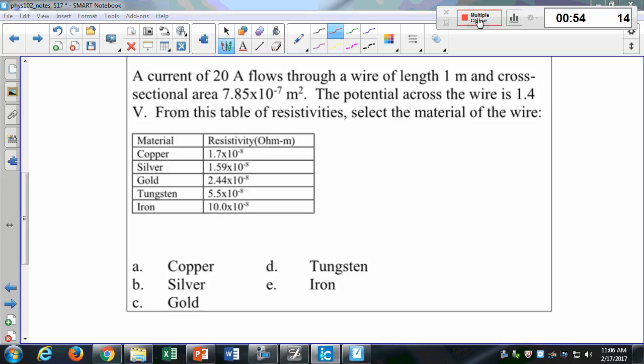First you want to find the resistance, then find the resistivity, and then you can choose the material from this table.